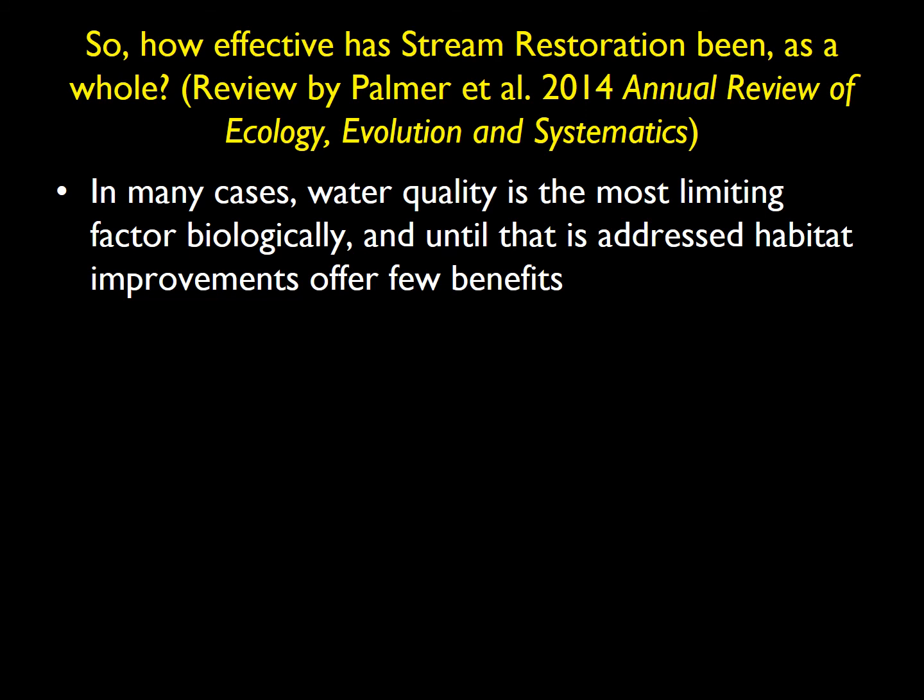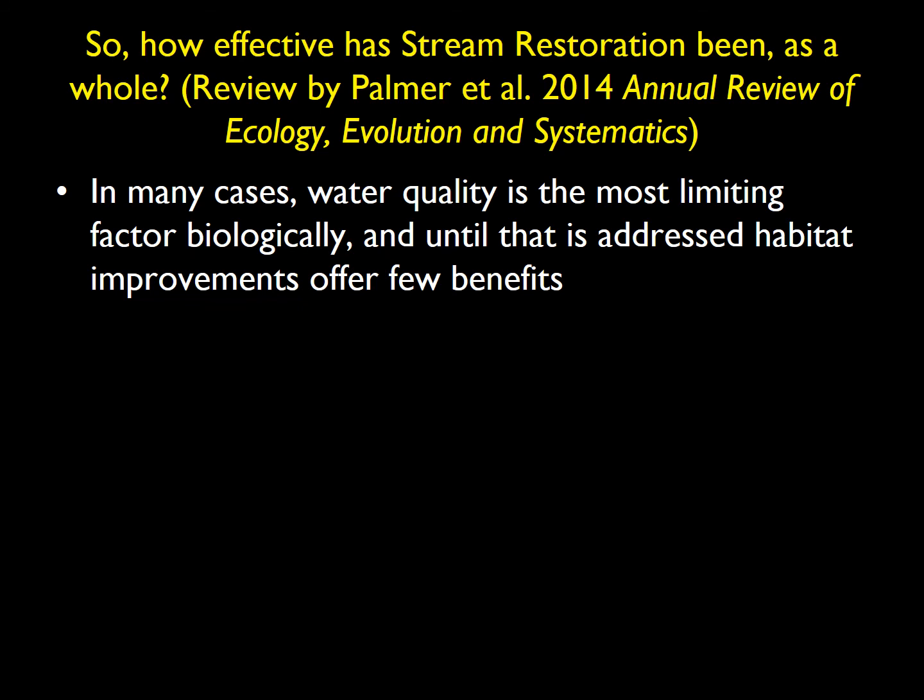All right, so backing up here again, how effective has stream restoration been as a whole? This is an article that Margaret Palmer and authors wrote in the Annual Review of Ecology, Evolution, and Systematics. And so, once again, they concluded that in many cases, water quality is really the limiting factor to establishing a natural biological community.